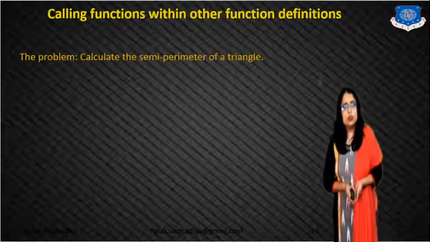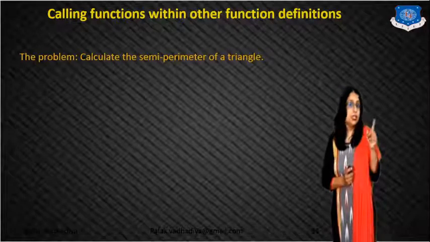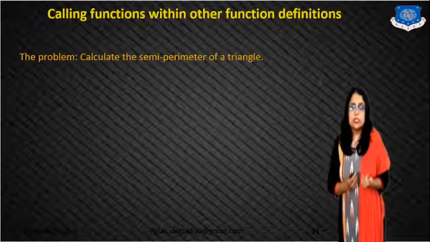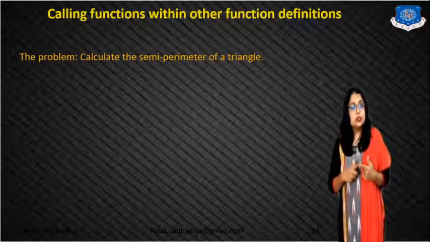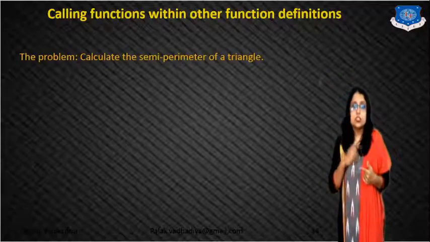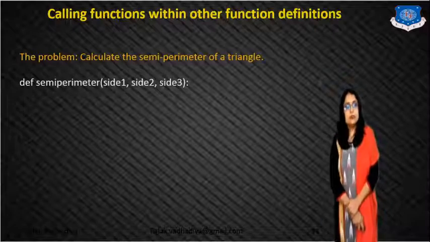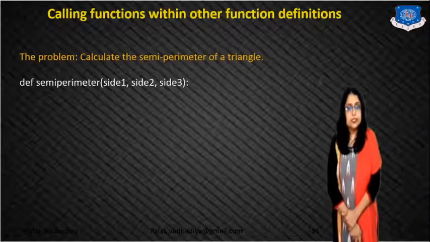Now this is a simple function to find out the perimeter of a triangle. If I want to find out the semi-perimeter, we know that if I know the perimeter, then divided by 2, that is the semi-perimeter. So here I am using the function perimeter inside my function semi-perimeter. First of all, it's def, then semi-perimeter, side 1, side 2 and side 3.